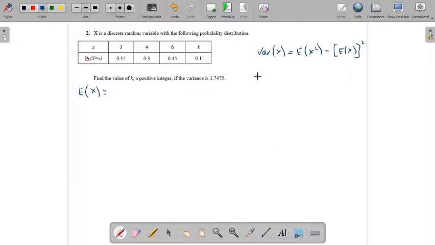Then we use our variance formula, given that we have a value for variance, and then we can solve for k. So going ahead, finding the expected value, it's 3 times 0.15, and so on with the rest, as we've done in the previous example.